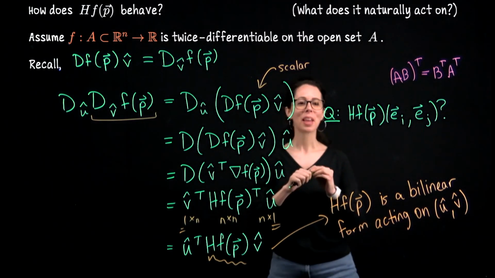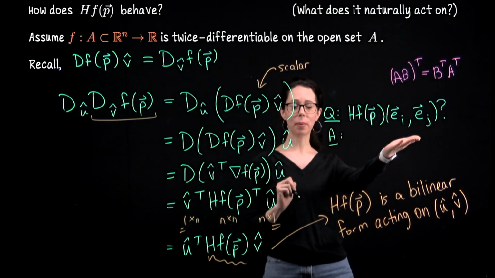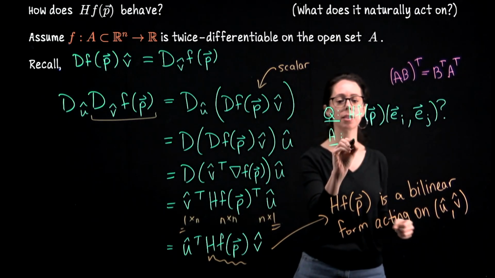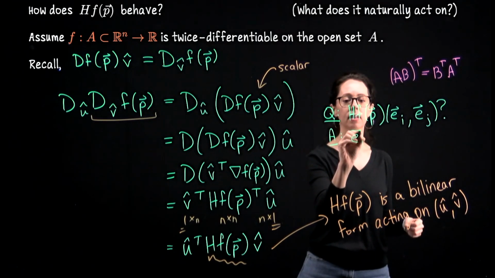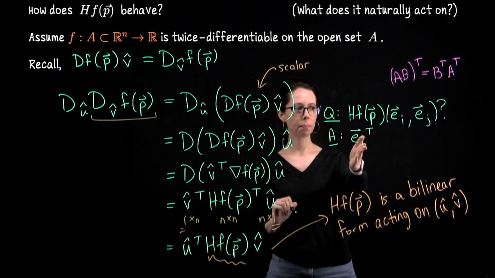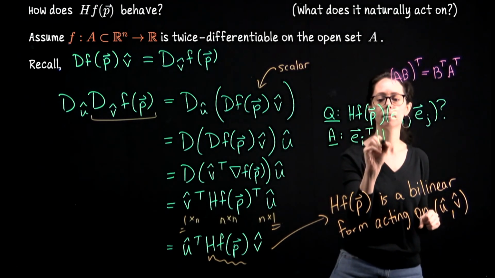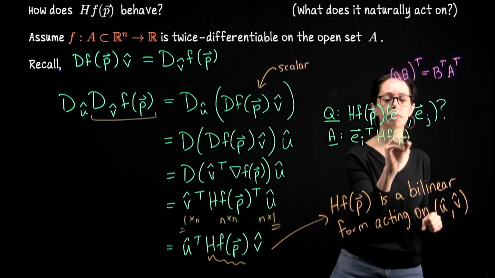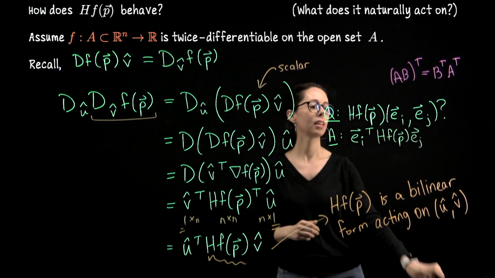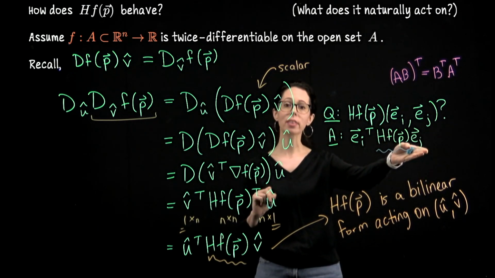Okay, so let's see what you got. If I take this Hessian matrix and act on this pair of standard basis vectors, using this expression, I'm going to say, all right, it's EI transposed. So that's a row of zeros except for a 1 in the ith coordinate. And then the Hessian matrix times the jth standard basis vector. I'm going to do this out loud. If you take any matrix and multiply it by the jth standard basis vector, you extract the jth column.